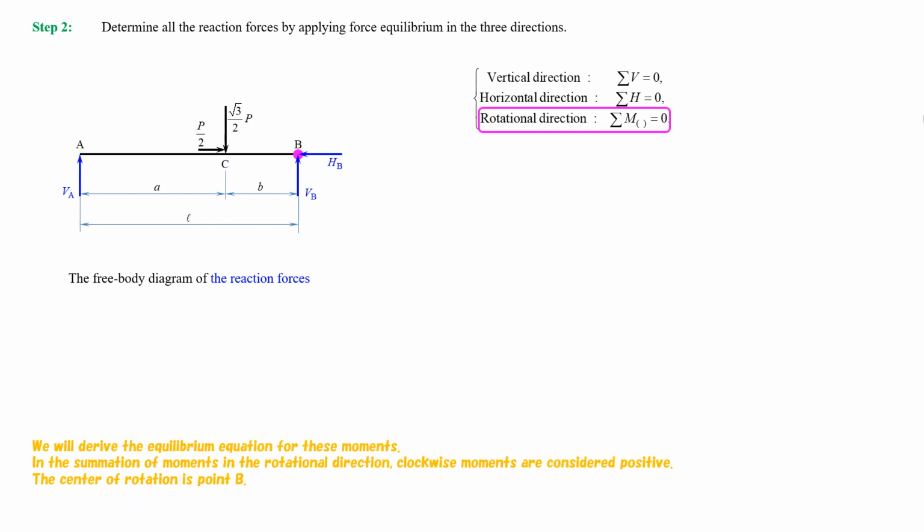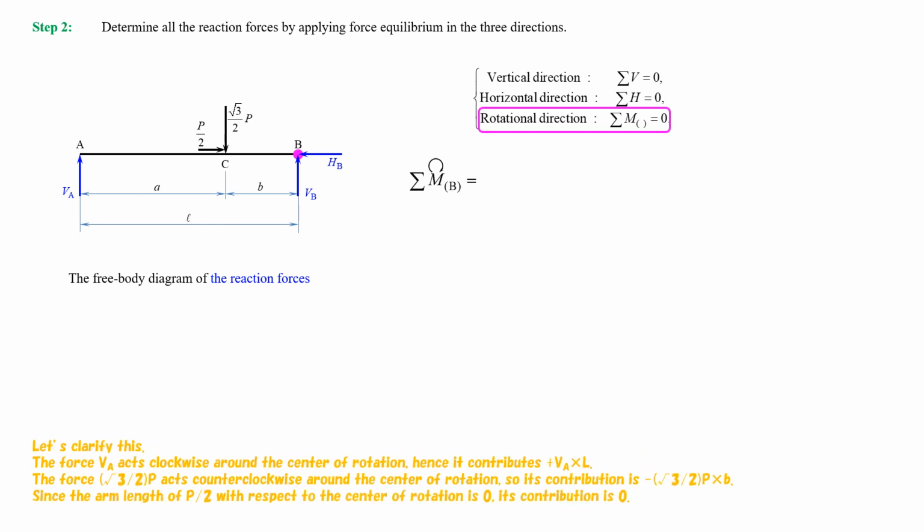We will derive the equilibrium equation for these moments. In the summation of moments in the rotational direction, clockwise moments are considered positive. The center of rotation is point B. Let's clarify this.